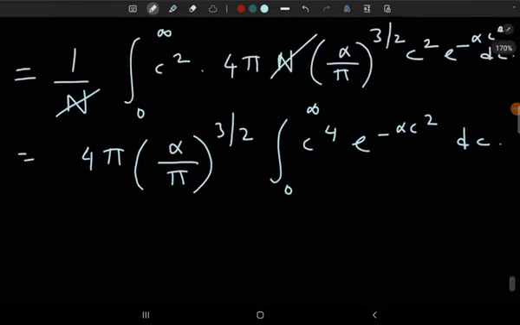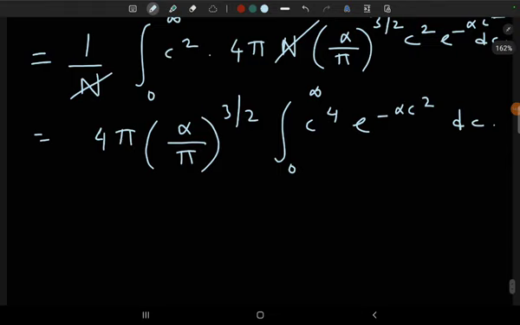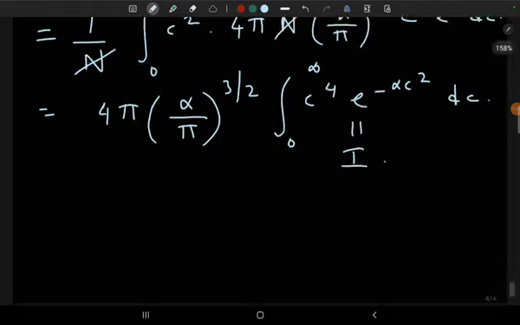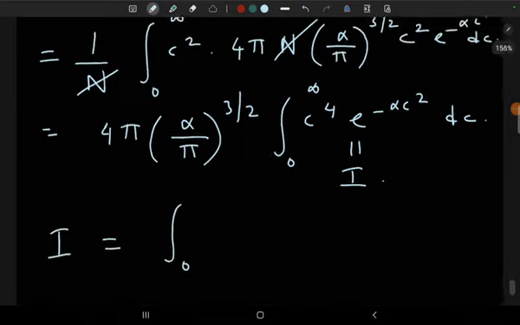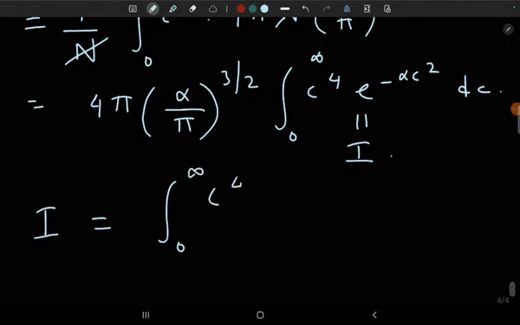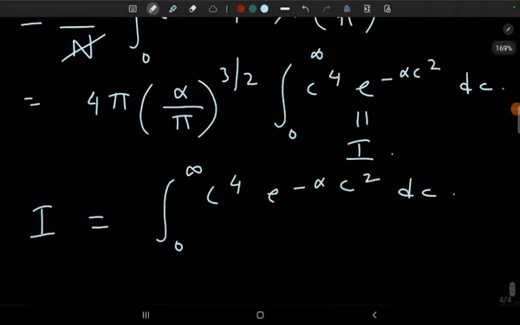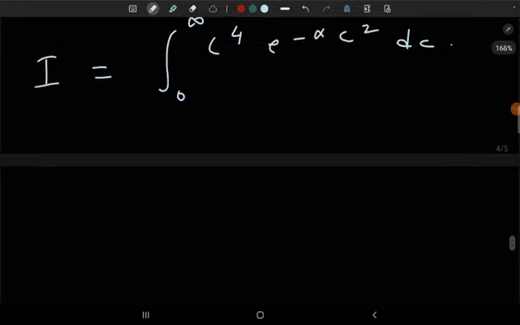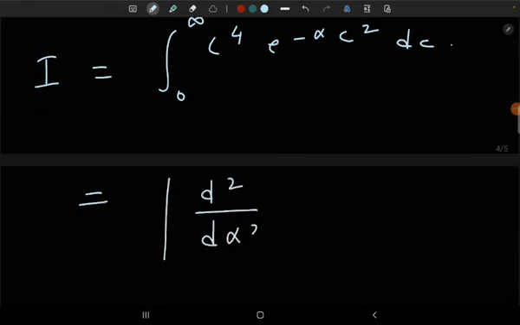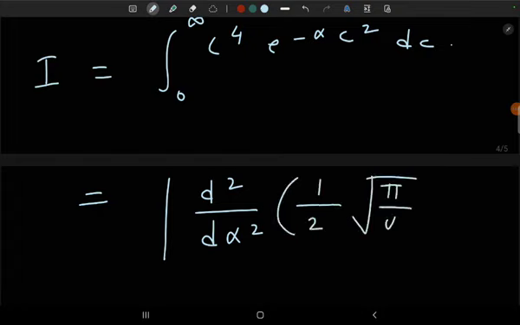Now again we have to solve this integral, and this integral is an even function, the second even function of the series, and we have solved for this even function, and we shall solve for it again. This even function was actually the mod of the second derivative with respect to alpha of half root pi upon alpha.